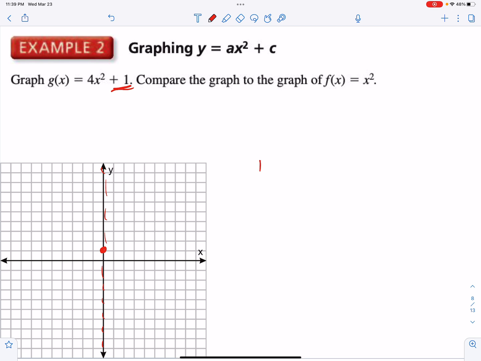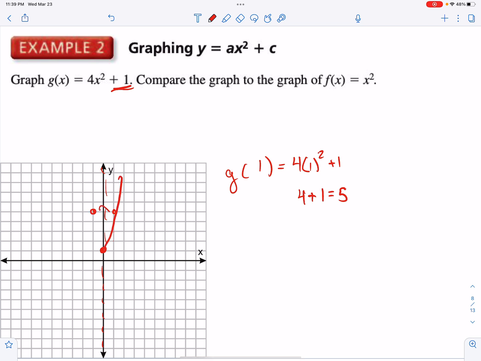So if I take, for instance, the value 1 and I plug it into my function, I'm going to say 4 times 1 squared plus 1. So 1 squared is 1 times 4 is 4 plus 1 is 5. So at 1, my output is already up at 5. And then I can plot the reflection over on this side.